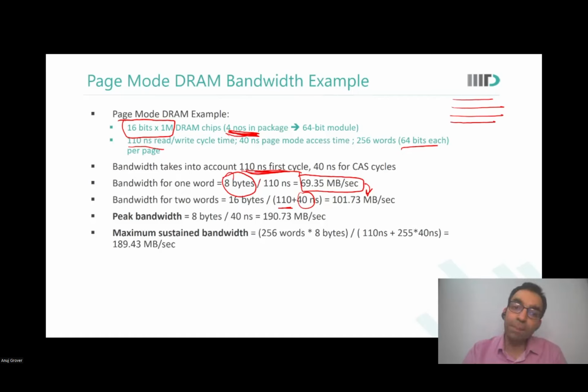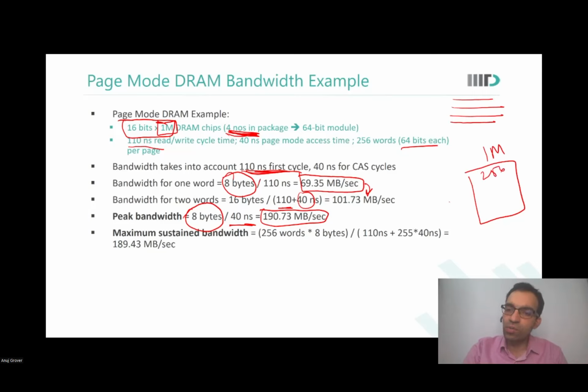And if I want to find peak bandwidth, then do you realize that I'm actually able to read 8 bytes every 40 nanoseconds? So my peak bandwidth is actually 190 megabytes per second. And the maximum sustained bandwidth, because I have a 1 megabit page, which means I have 256 rows and 256 columns.